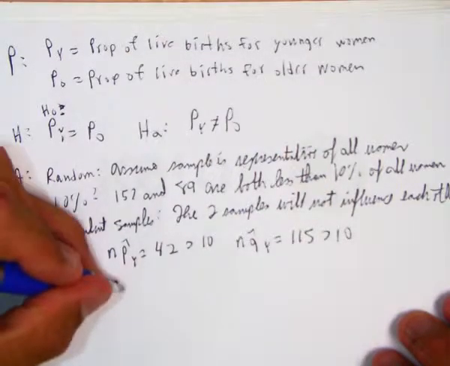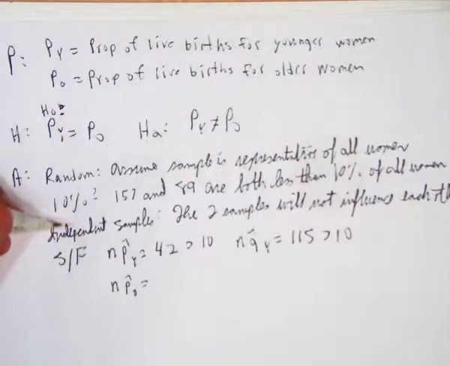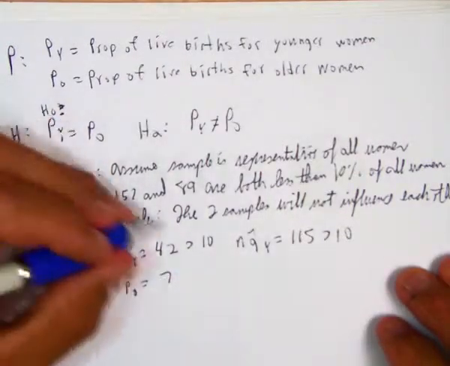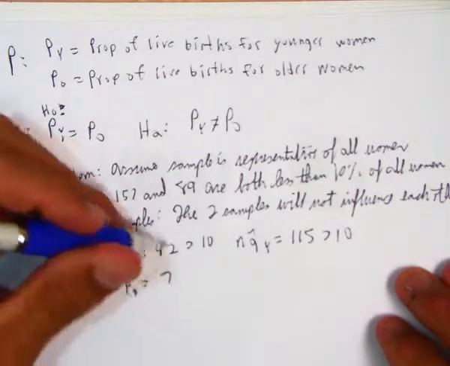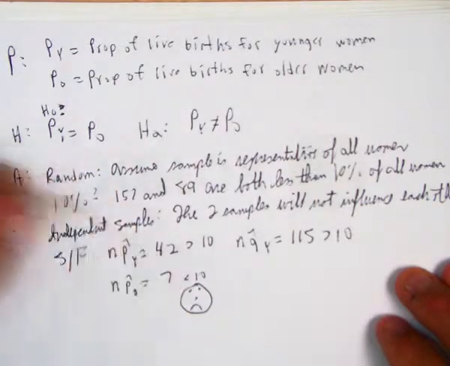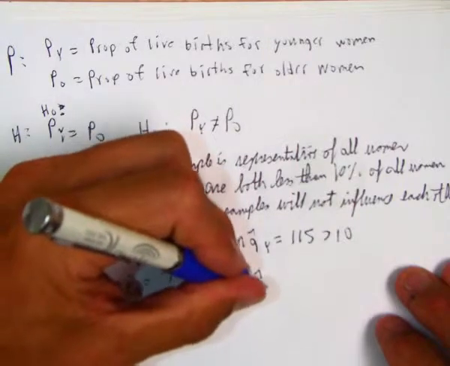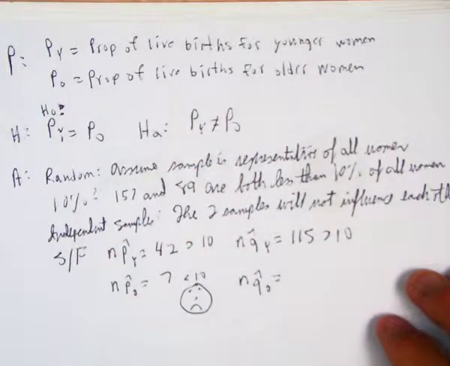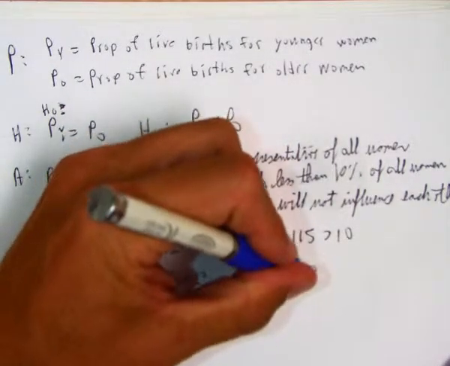And then n p-hat for the older women is 7. So that's a problem, because that's not greater than 10. That's less than 10, and that's not good. And q-hat for the older women would be 82, and that is greater than 10.